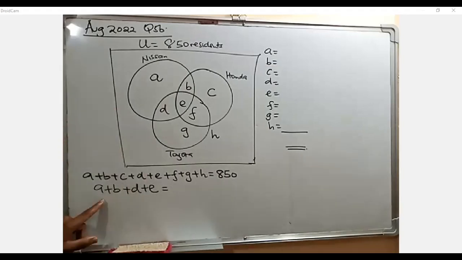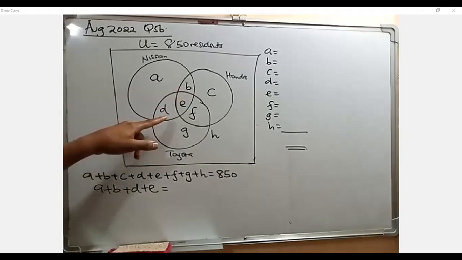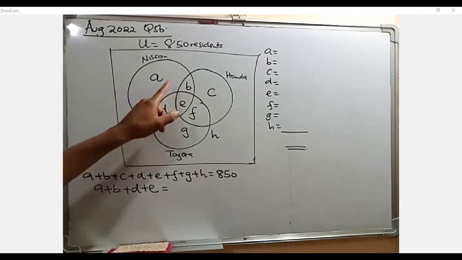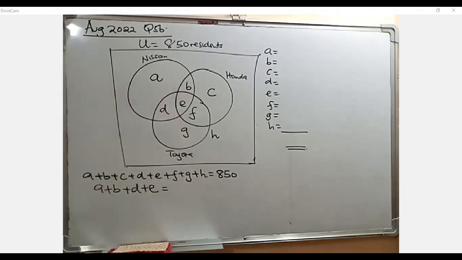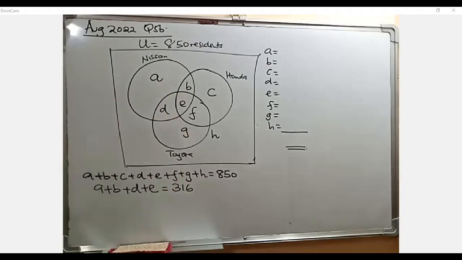The examiner has not said only. So you see A, B, E, and D are all contained in the Nissan circle, and this is equivalent to 316.